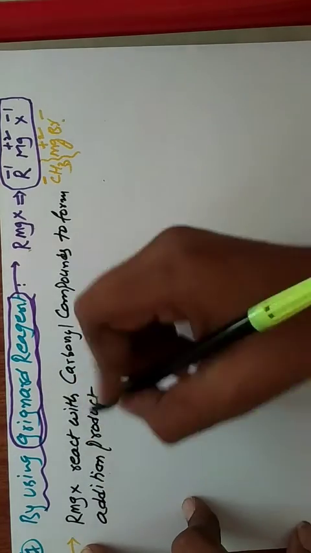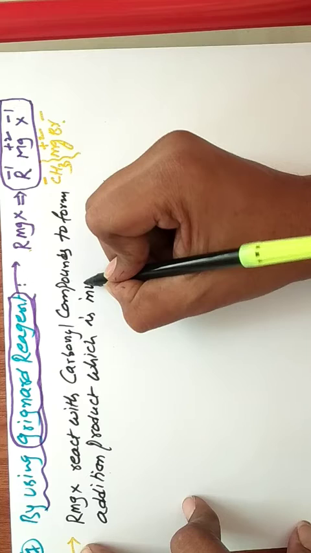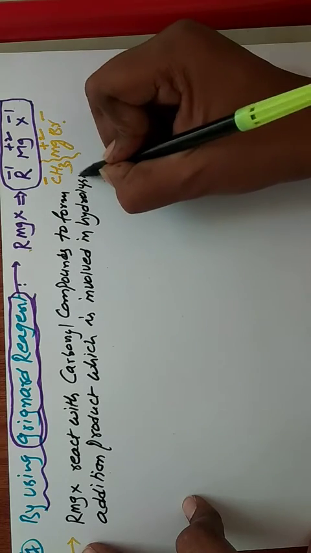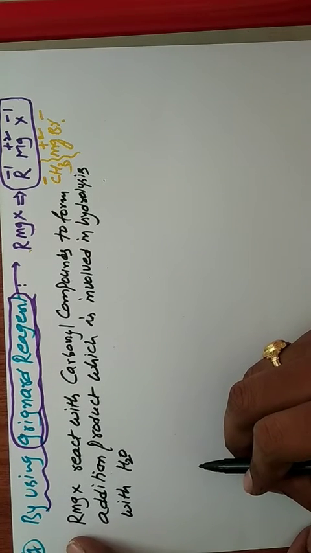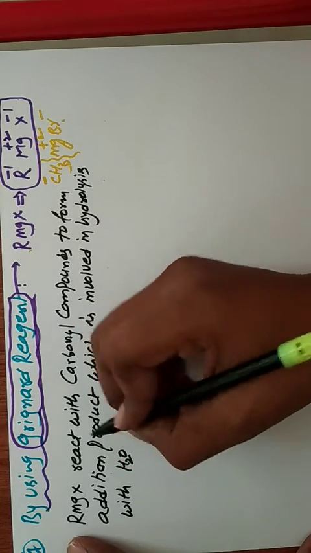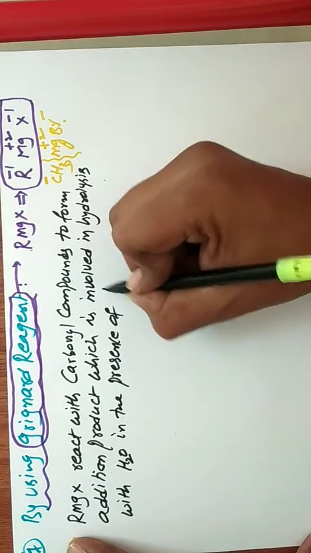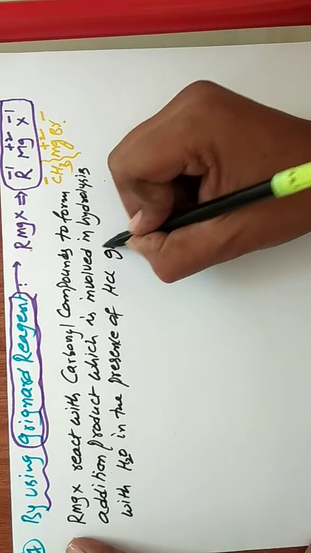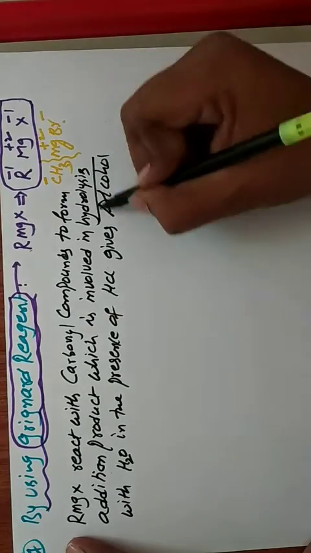This addition product is involved in hydrolysis with water in the presence of HCl. Finally it will give alcohols.